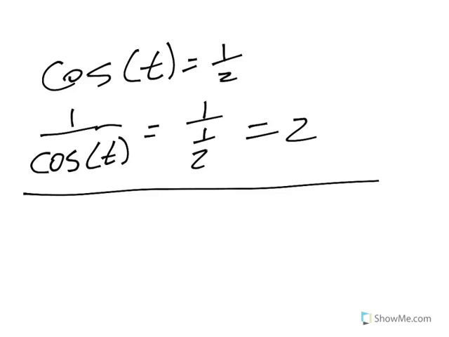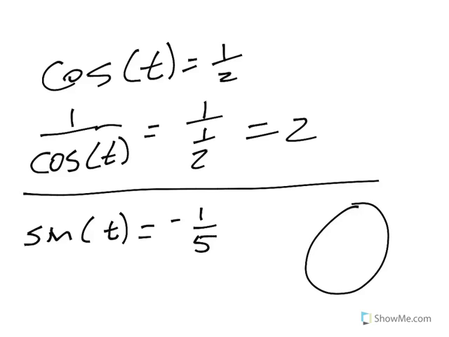So let's try another one. Let's say we found a spot where the terminal side of the angle landed, and the y-coordinate was -1/5. So this is certainly possible. Y-coordinate -1/5, maybe there, maybe not quite that low, but around there.